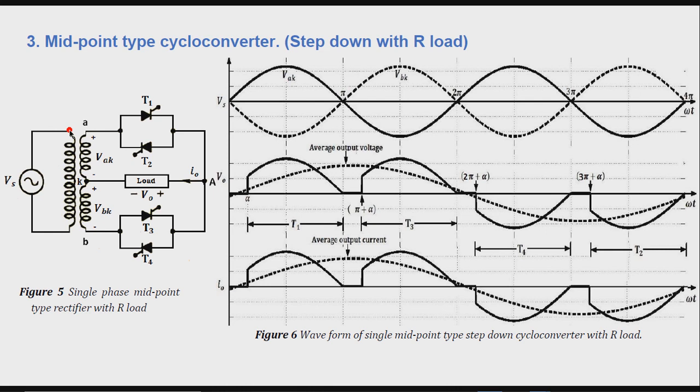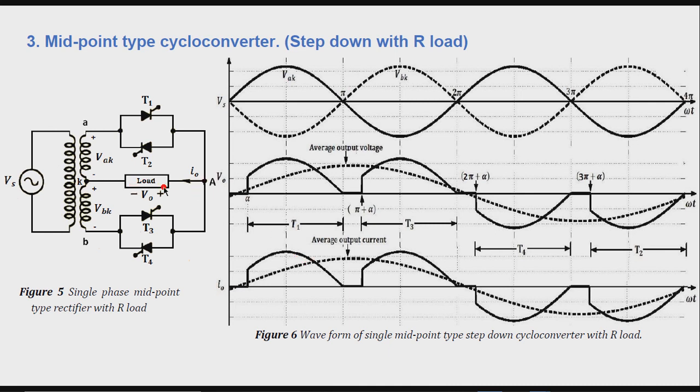The power diagram is the same as for the step up cycloconverter. When A is positive with respect to B during the positive half cycle of the supply voltage, forward biased thyristor T1 is triggered at omega t equal to alpha. With this, load current I0 starts flowing in the positive direction as marked in this figure.